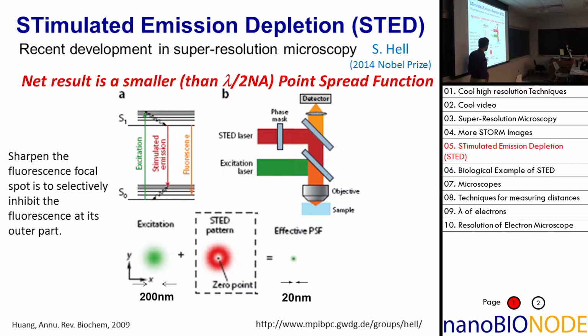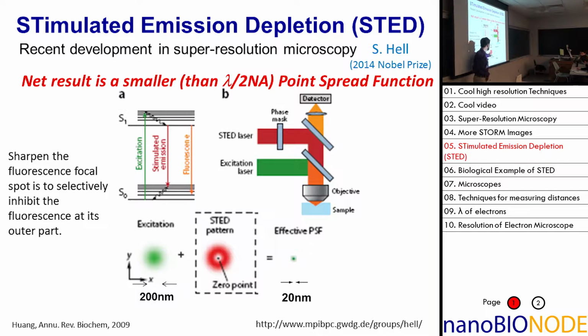Now, if you're clever about it, you have it look like this. It's spatially sensitive. You have it such that there's zero light right in the center. It's essentially a donut, and then a lot of light right over here. So you have the excitation light on, and your stimulated emission also on.